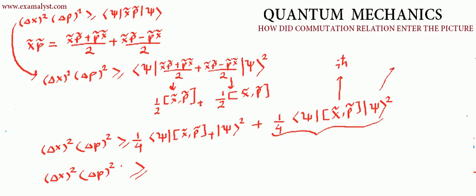This term will become 1/4, i h cross will come outside, and you will be left with psi bra ket psi squared. So this is nothing but probability, and we know that total probability is always 1. So we are left with only i h cross by 4, and this i h cross will be in square.